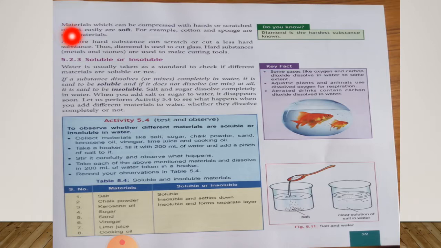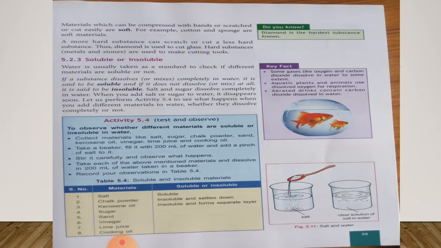A more hard substance can scratch or cut a less hard substance. Thus, diamond is used to cut glass. Hard substances like metals and stones are used to make cutting tools.